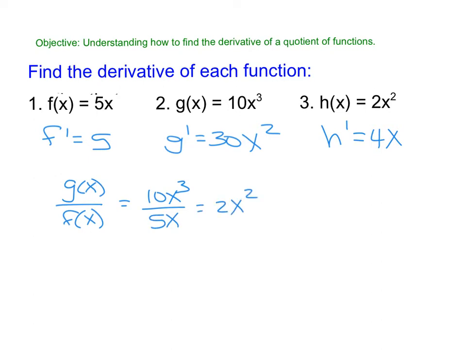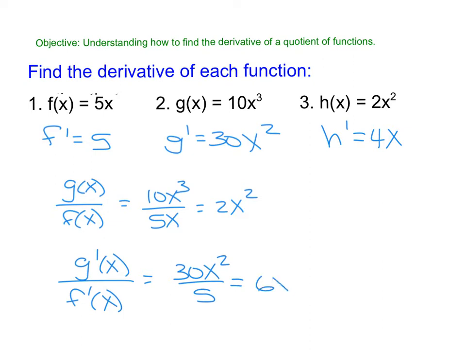If we divide their derivatives, g prime of x divided by f prime of x, that gives us 30x squared over 5, which is 6x squared.